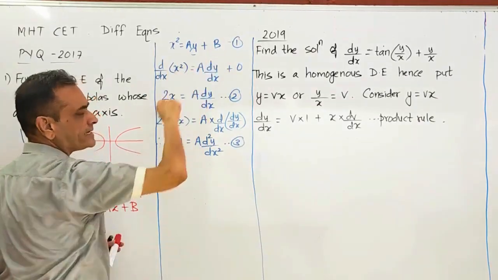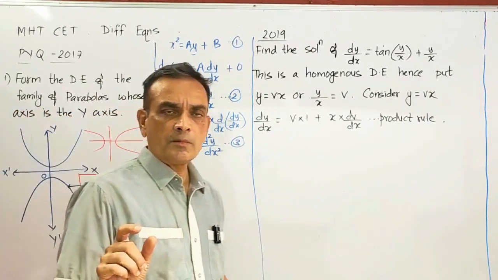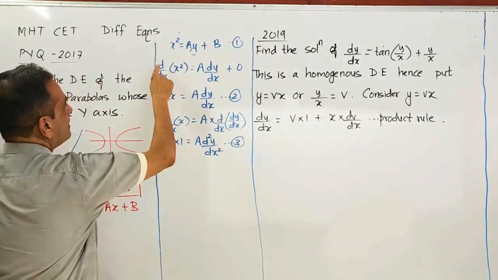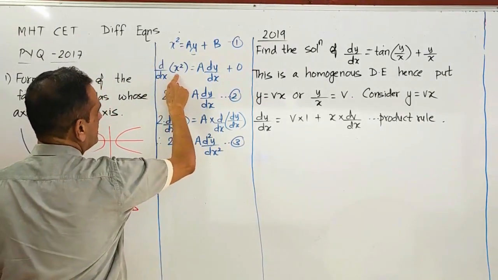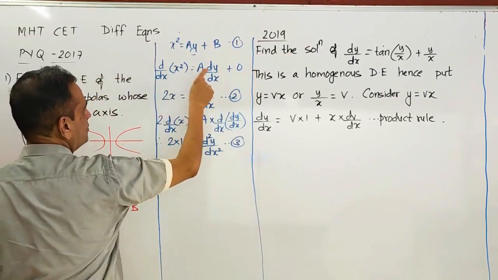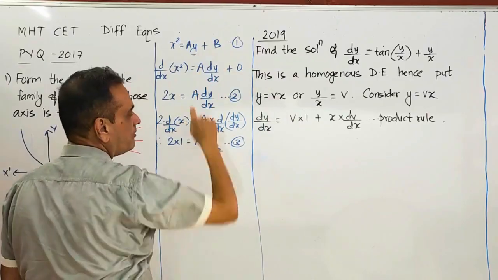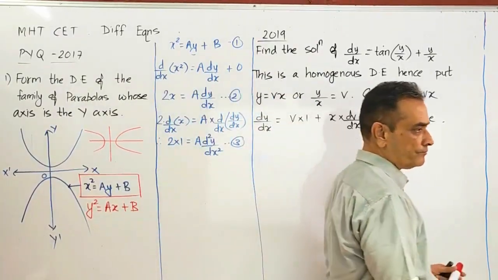Differentiate with respect to x, that is, we have to take d by dx of each term. d by dx of x squared, keep the constant aside, d by dx of y, plus the derivative of only a constant is 0.